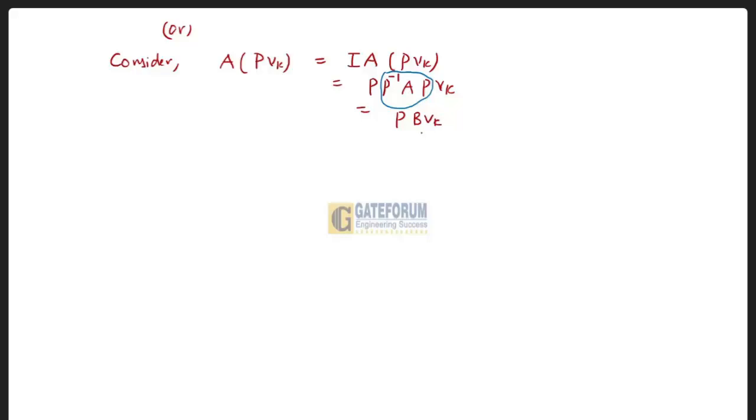Now, what is Vk? It is an eigenvector of lambda. So this is P into lambda k into Vk.